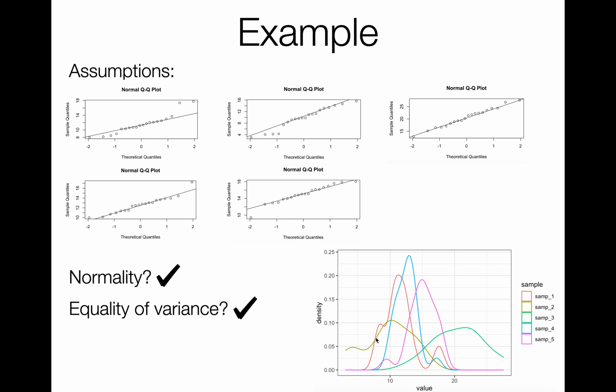We just have to assume, or we can check like we do with the normal QQ plots. Even though it is actually true, we can still see things like this with small samples, which would make you step back and probably rethink whether the variances are equal in the populations.